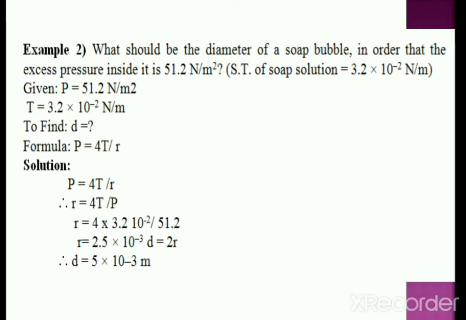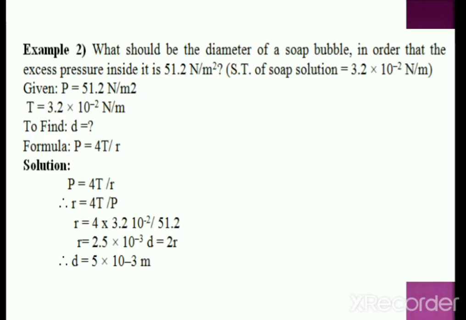Now write the given things. What is given in the example? Excess pressure, that is P is equal to 51.2 Newton per meter square, and surface tension of soap solution, that is 3.2 into 10 raised to minus 2 Newton per meter. And we have to find the diameter of the soap bubble.